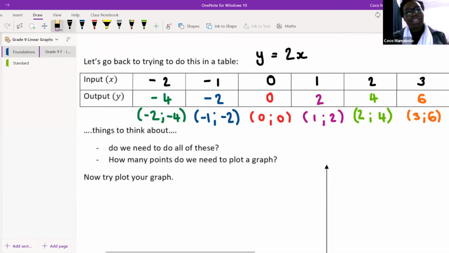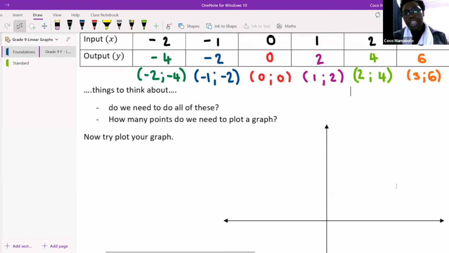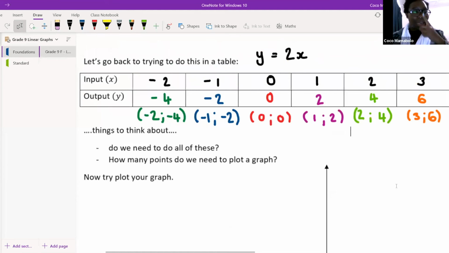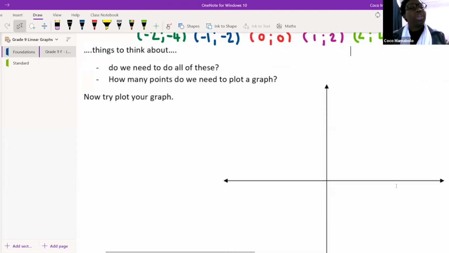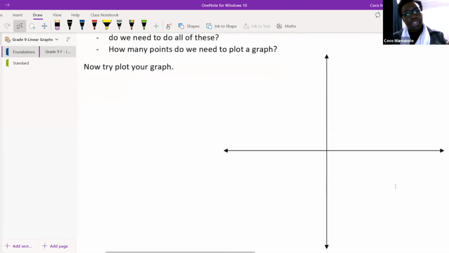All right. So guys, the thing that I'm getting at is we can do this. Imagine having to sit through a test and having to do every single one of these, and you don't have enough time. You don't actually need to do every single one of these. How many points did we need in the graphs that we were doing before?